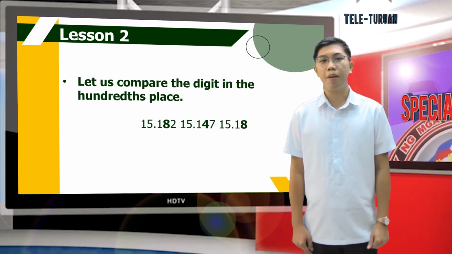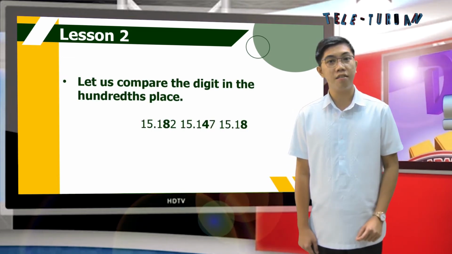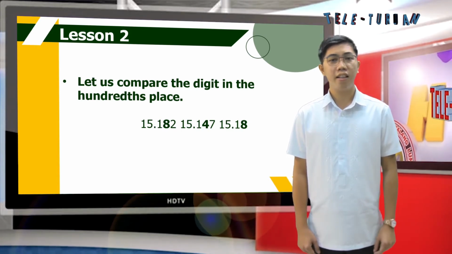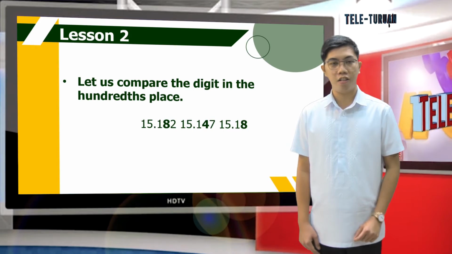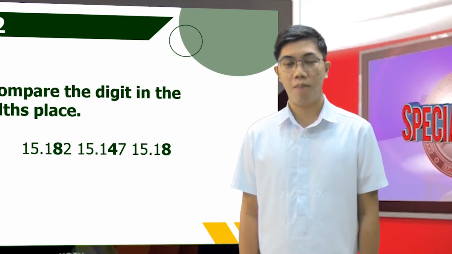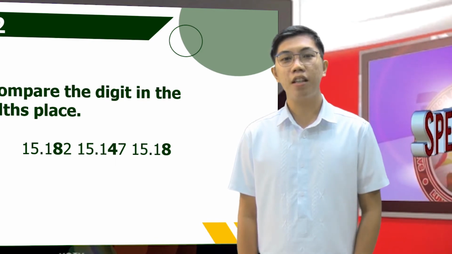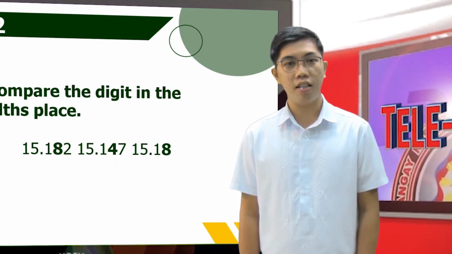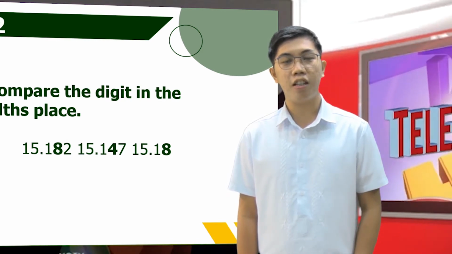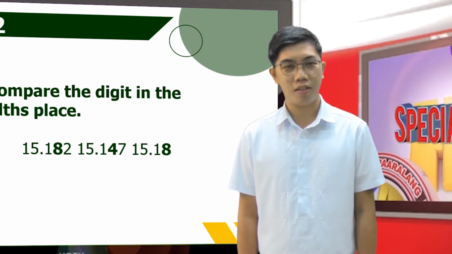Now, let us compare the three decimals with greater values. For these decimal numbers, let us compare digits in the hundredths place. 8 is greater than 4. Therefore, 15 and 182 thousandths and 15 and 18 hundredths are greater than 15 and 147 thousandths.